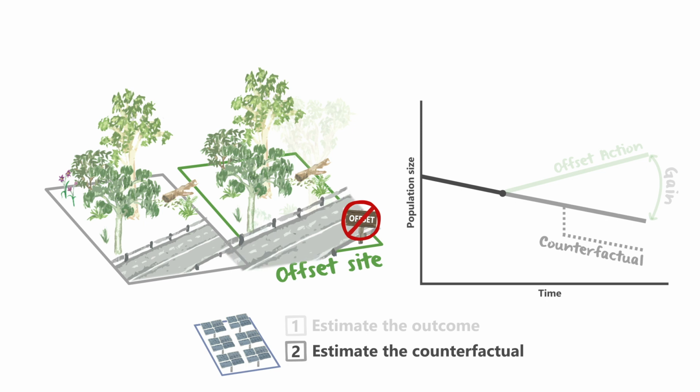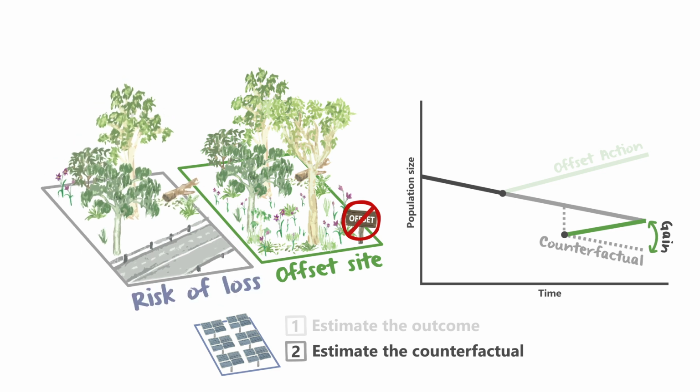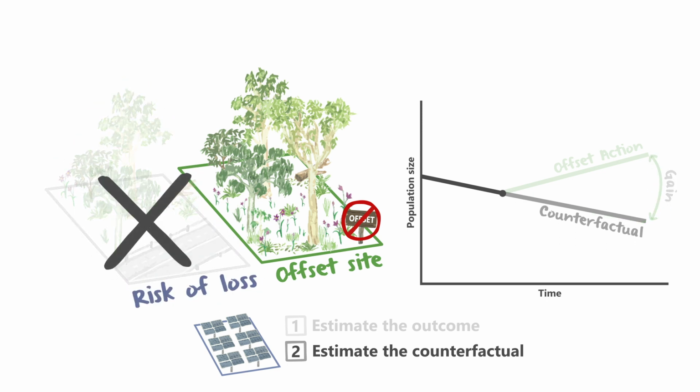But if road developments that impact this species themselves trigger an offset requirement, then these new offsets would compensate for the losses from road development, which means that the net gain from preventing the road development isn't avoidance of a 50% risk of being lost, but instead the net gain is actually zero because any losses that would have occurred due to the roads would have to be compensated anyway. So this type of risk should be excluded when estimating our counterfactual scenario.